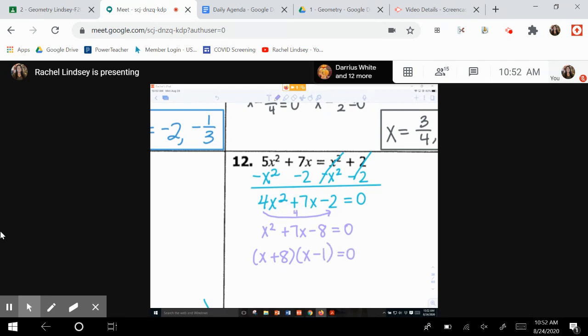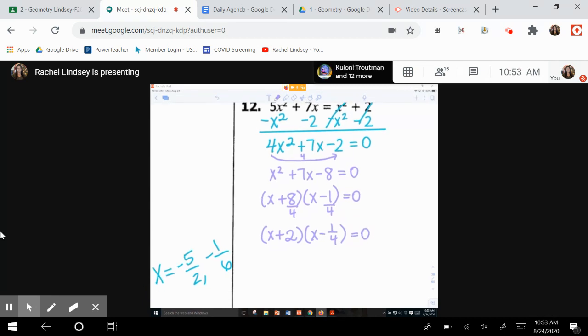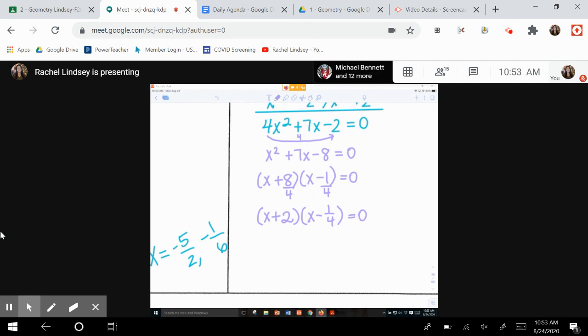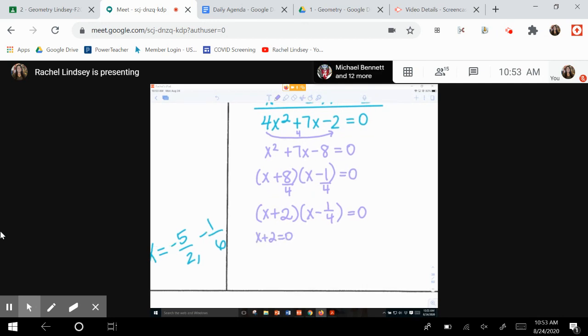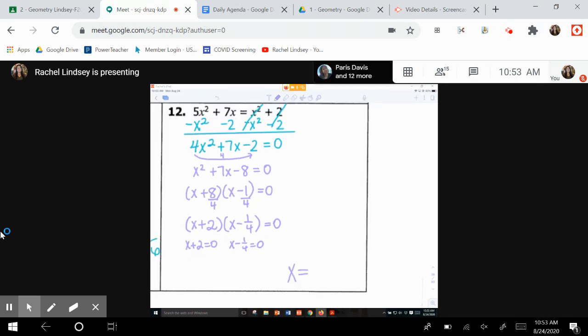What am I going to go back and divide by? 4. So I'll have x plus 2, x minus 1/4. So what are my two solutions? Negative 2, positive 1/4.